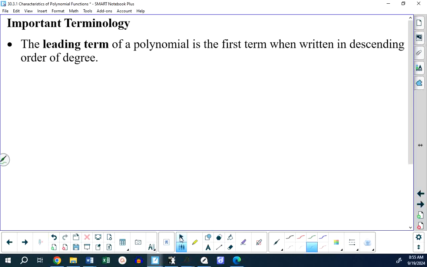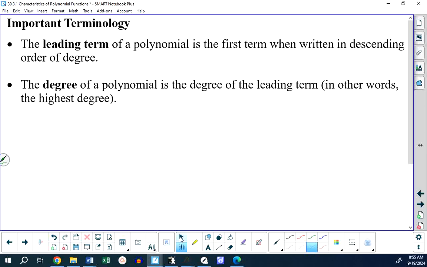Well, if I tell you that the leading term of a polynomial is the first term when written in descending order, I'm just saying it's the term with the highest degree. The degree of the whole polynomial is the degree of that leading term.